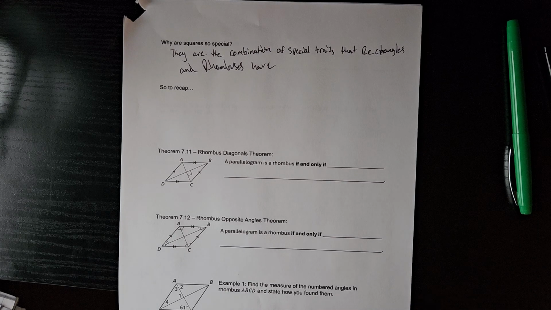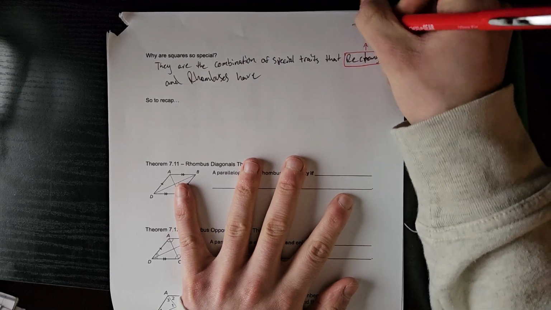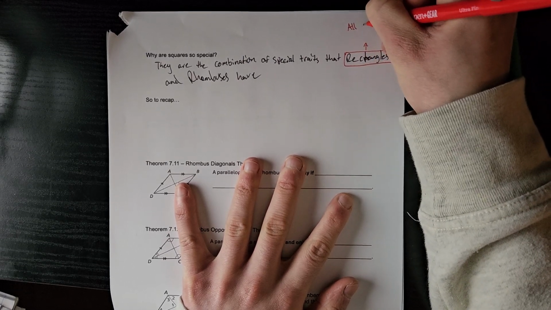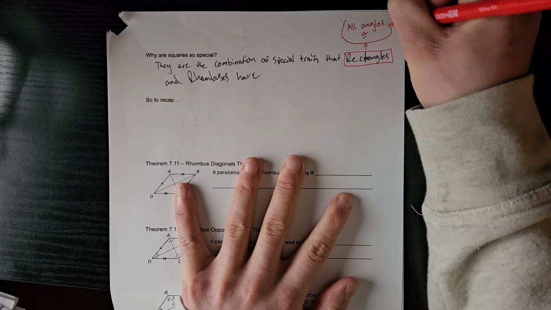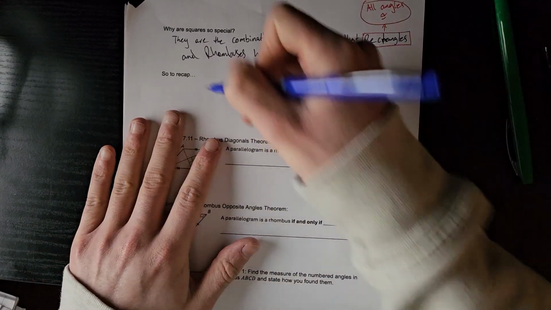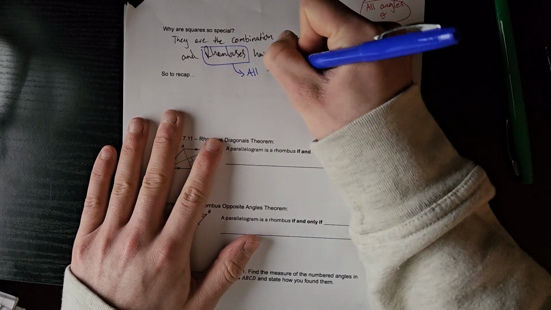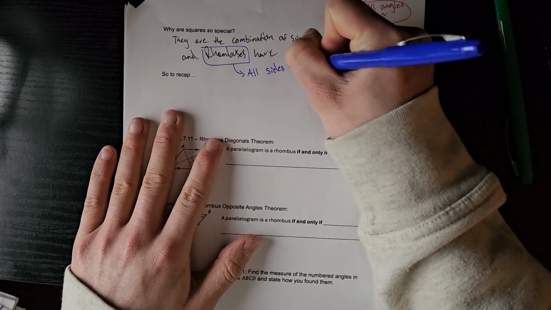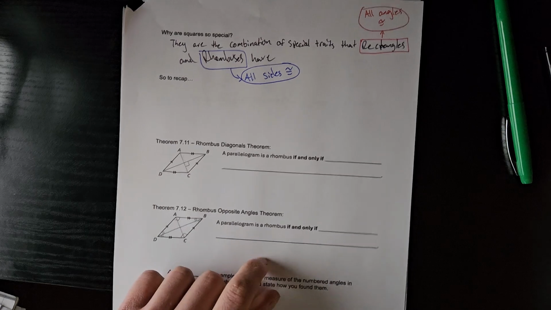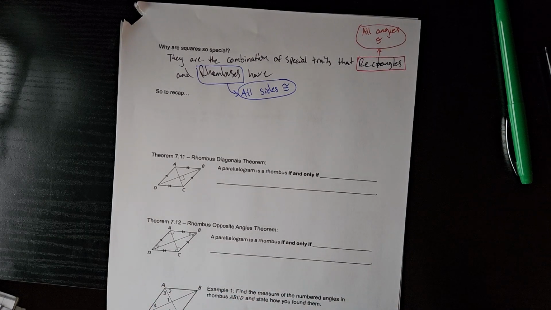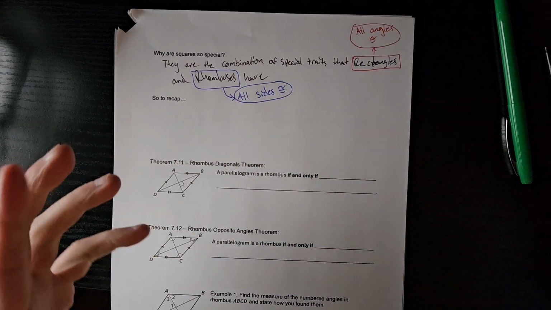The one for rectangles being all angles congruent, and the one for rhombuses being all sides congruent. That all applies to squares. With these two things in one shape, that creates the square.